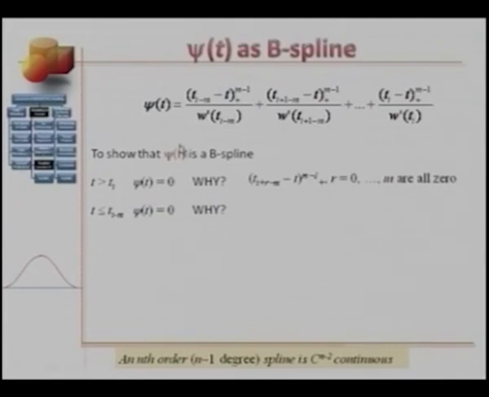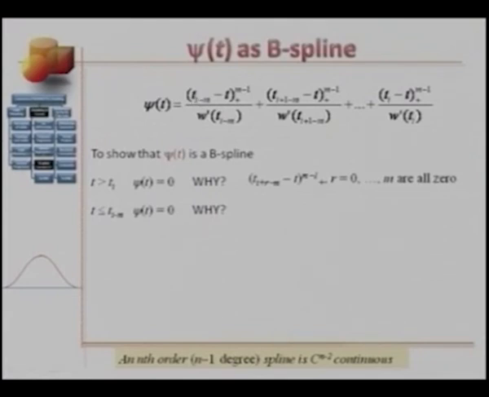Now, for values of t smaller than or equal to ti minus m, what do you think will happen to these truncation signs? They will all drop, because all these numbers within the parentheses in the numerator will be positive. It is because of this that the truncation signs will drop, and the numerator will be a pure polynomial of degree m minus 1.